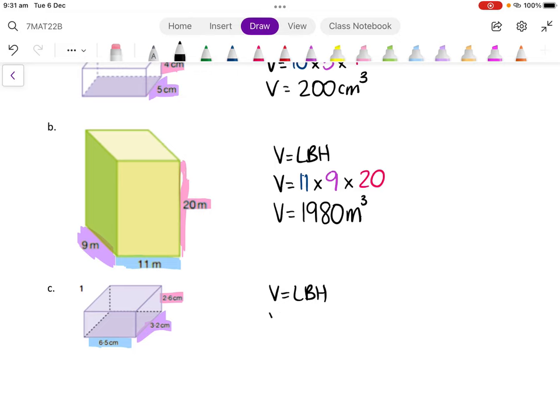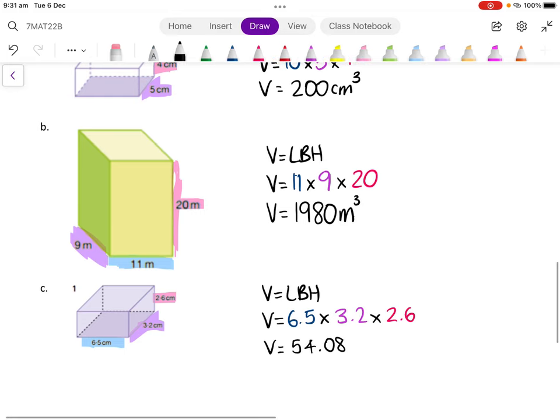So we have V equals 6.5 times 3.2 times our 2.6. And when we put this into our calculator, we get that our answer for our volume is equal to 54.08, and it's centimetres cubed.